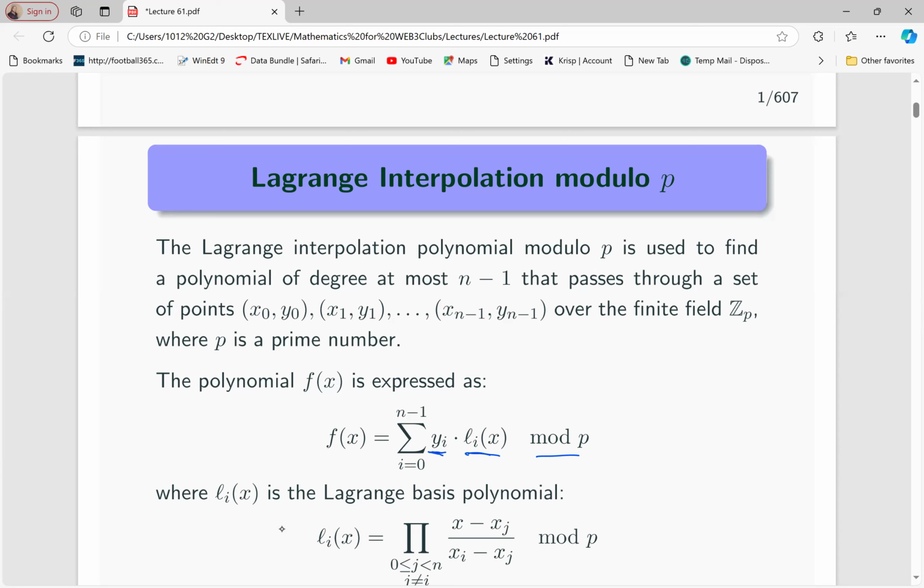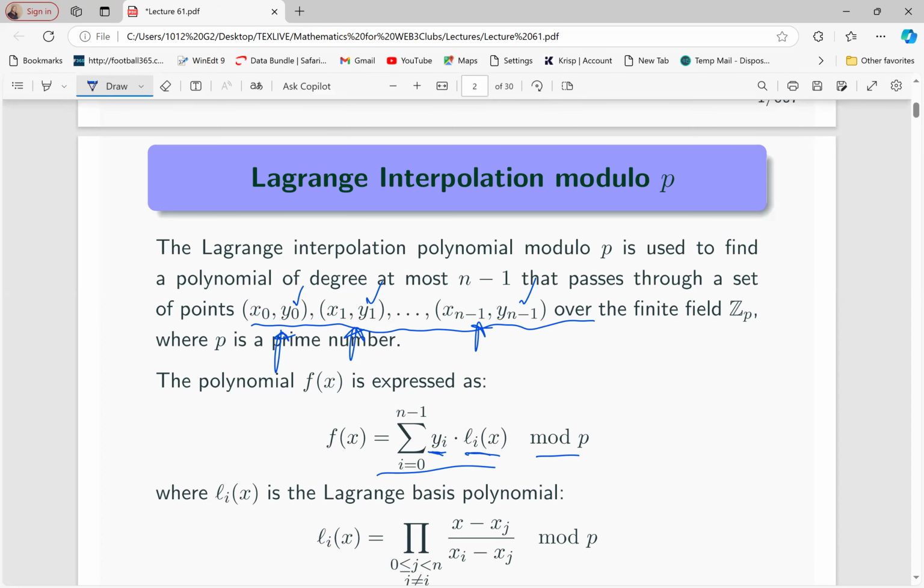So if you're given the following points, we will calculate the Lagrange basis polynomial for this point, then calculate for this point, then all the way up to n minus 1. Now, after doing that, we'll multiply all those Lagrange basis polynomials by their respective y coordinates and then sum. So when you sum, what you get is the polynomial.